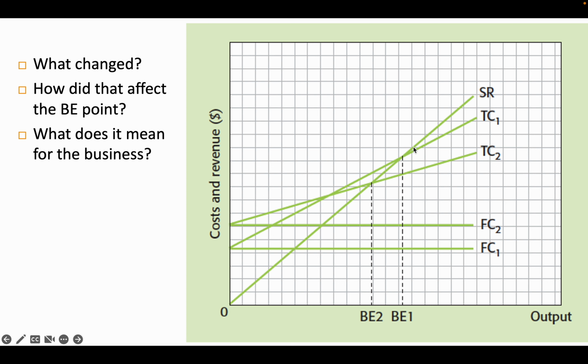The original break-even point was here, BE1, and now BE2 moved down. So even though their fixed costs are higher, essentially they're better off because they need to sell less output in order to earn profit. And here you can see basically the uses of break-even analysis.